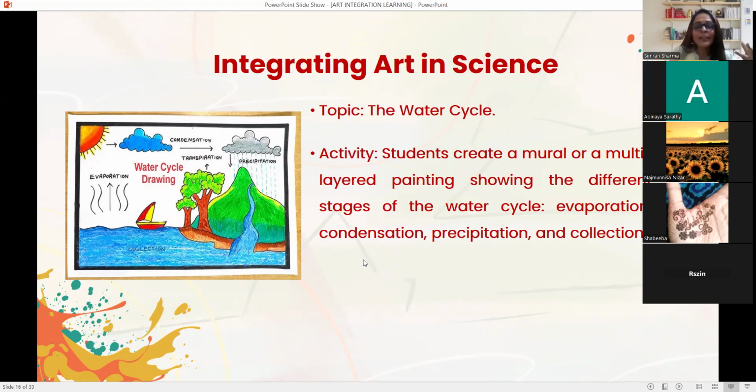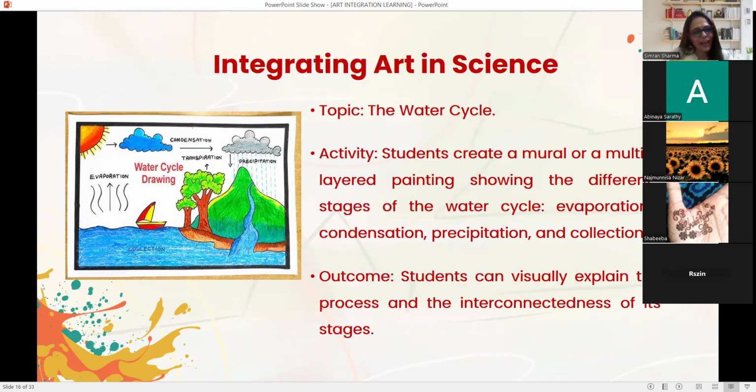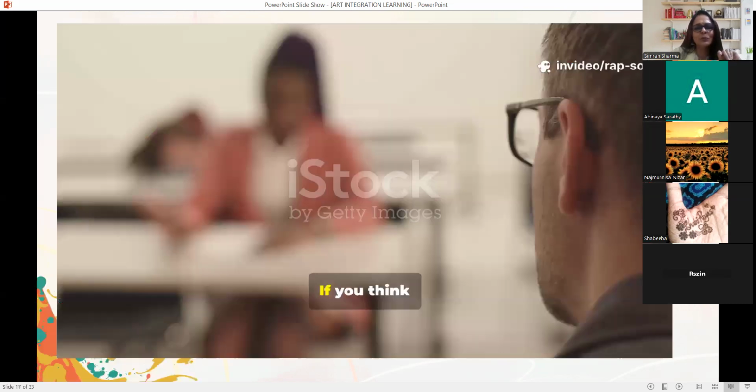When they perform this activity, they draw this diagram, so they learn about evaporation, condensation, precipitation, transpiration, everything. Not only is the water cycle covered, so many keywords are also covered in the activity, and the visually explained process always stays with students.